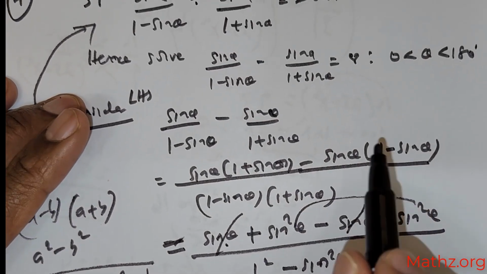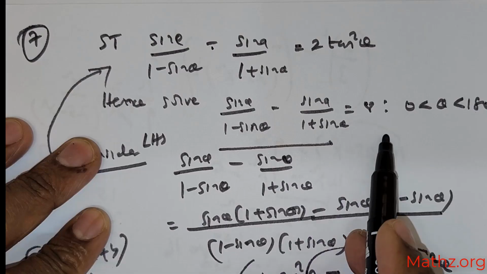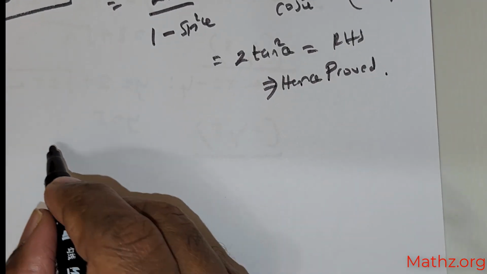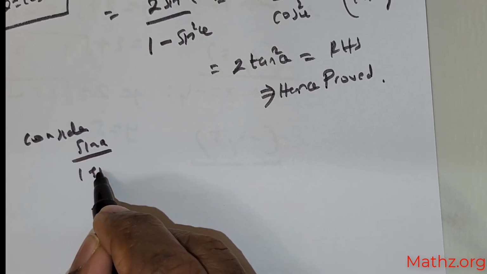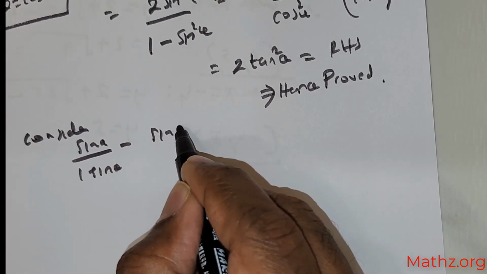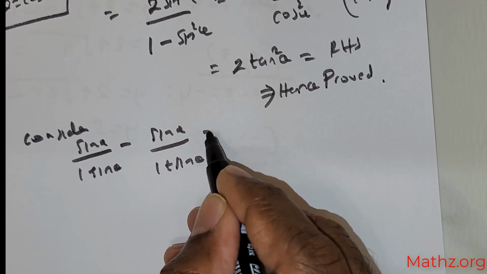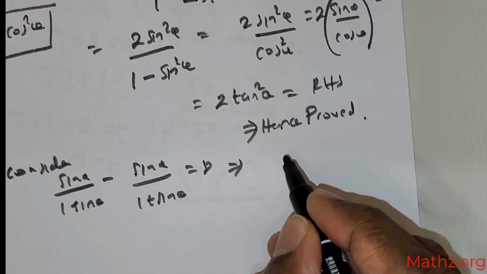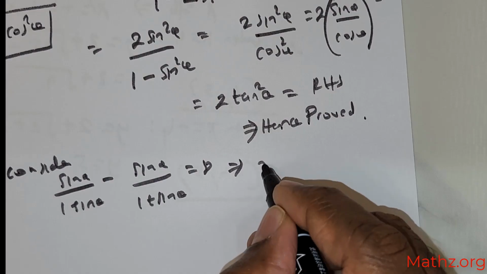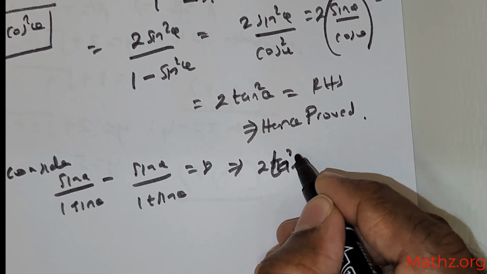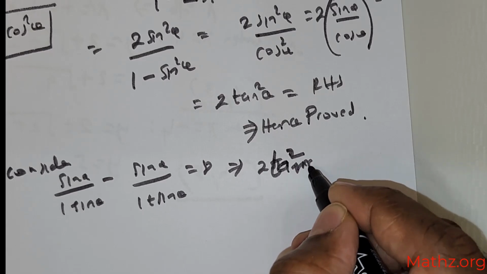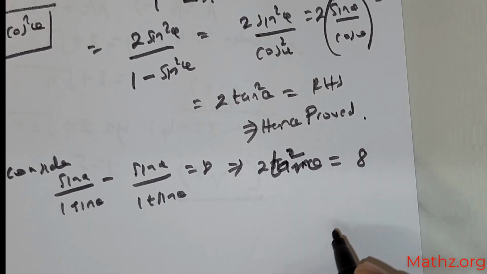Now coming back to the next part of the question. This is given to be equal to 8. So consider sine theta divided by 1 negative sine theta plus sine theta divided by 1 positive sine theta is equal to 8, which means this entire thing is shown to be 2 times tan squared theta, right? 2 times tan squared theta is equal to 8.